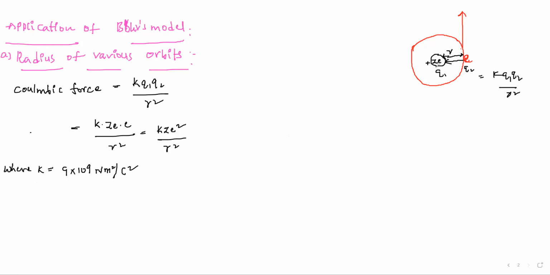Among this, ZE we are assuming as Q1, and these electrons revolving around the nucleus are Q2. The electrons are attracted towards the nucleus, and this is the radius between the electron and nucleus.